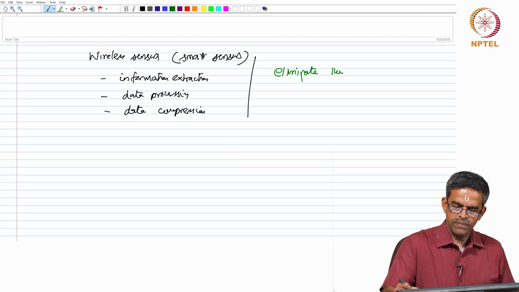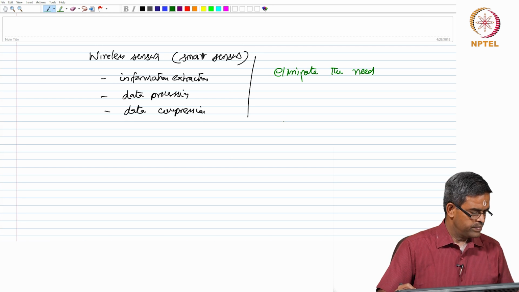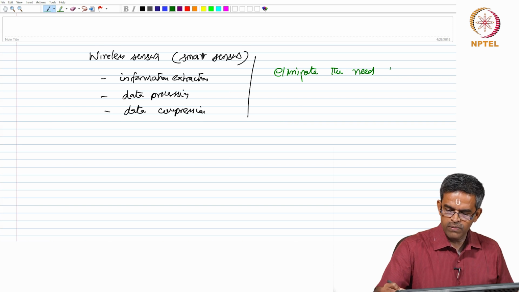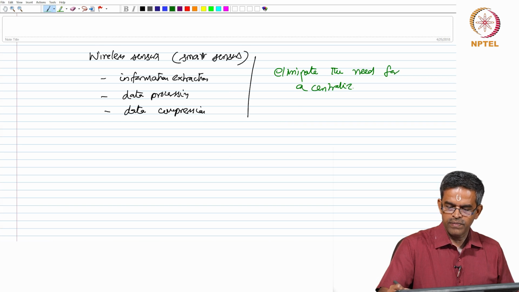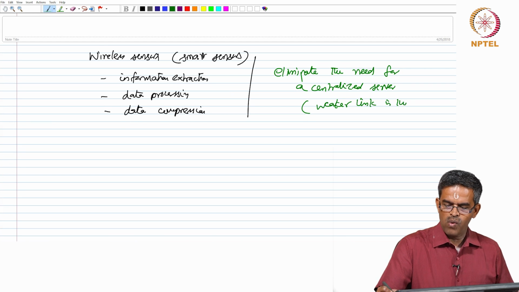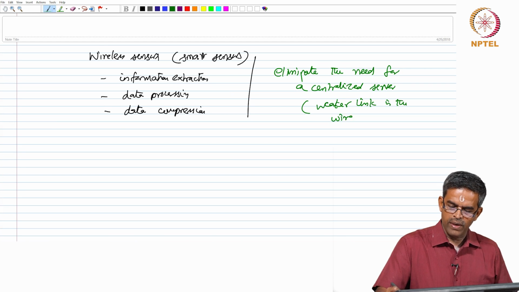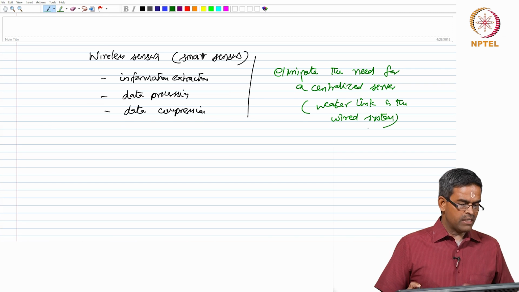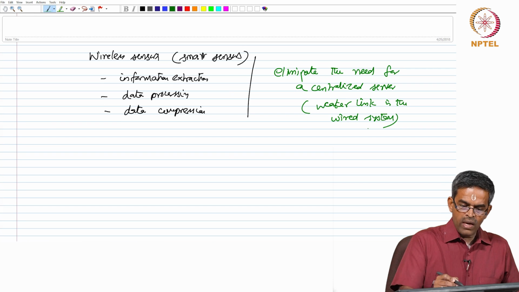The need for a centralized server, which was a weaker link in the wired system anyway, is eliminated by wireless sensor networking.